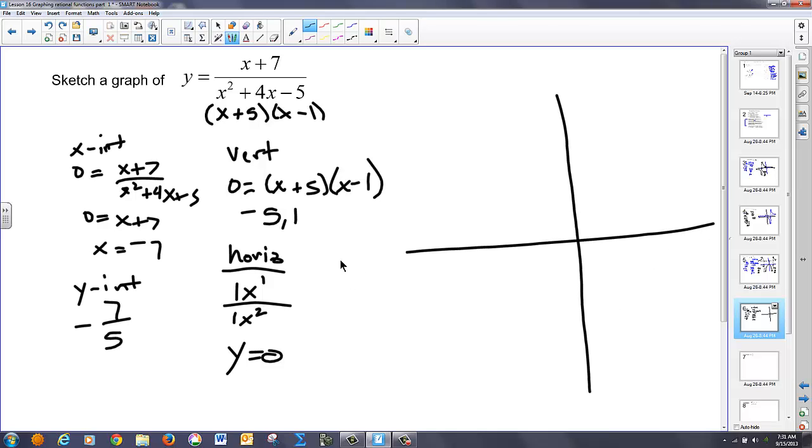Sketch what we know. So I have an x-intercept of negative 7. I have a y-intercept of negative 7/5. Put some dots there, dot here. Asymptote, negative 5, positive 1.